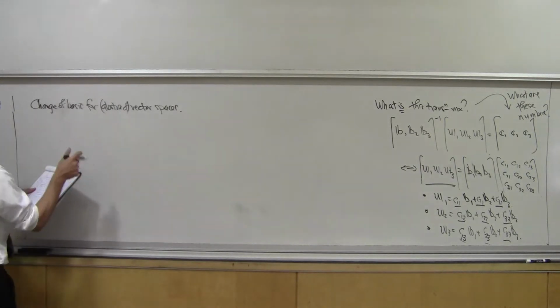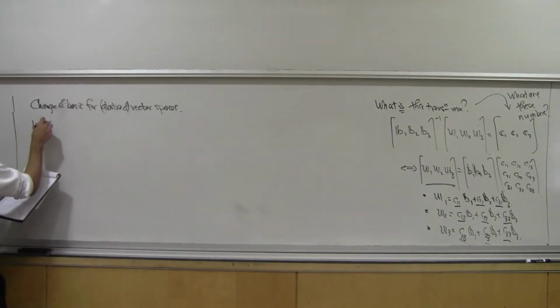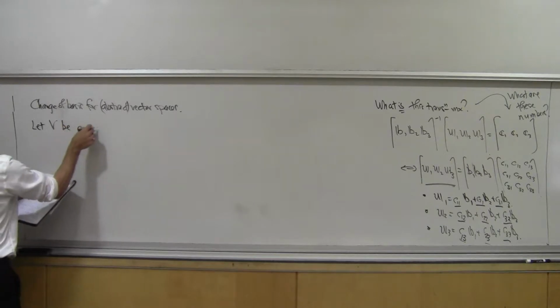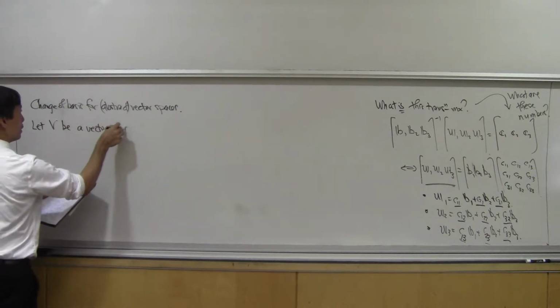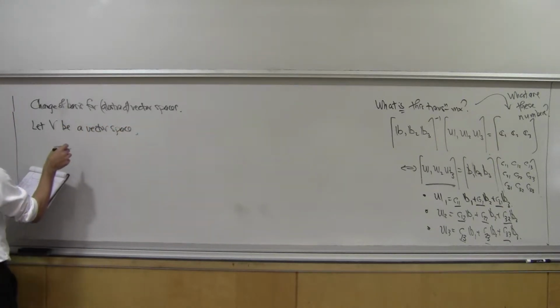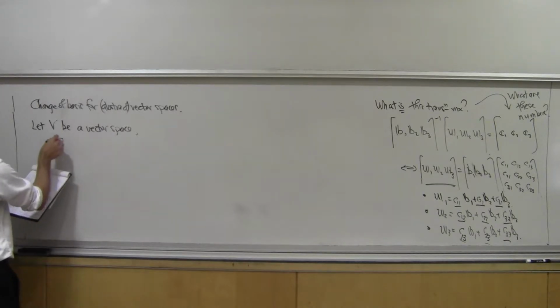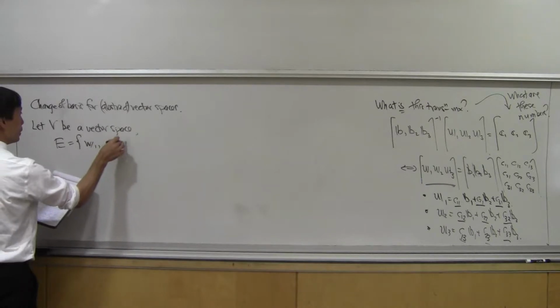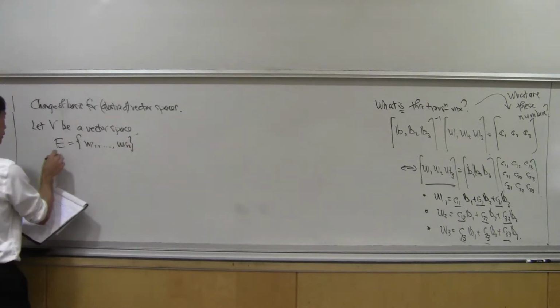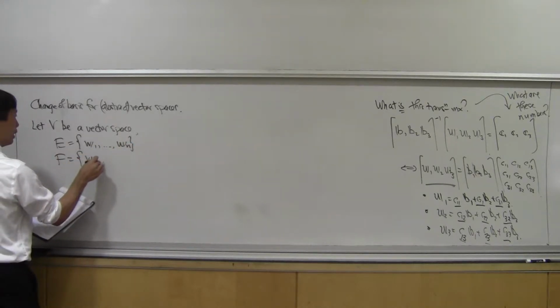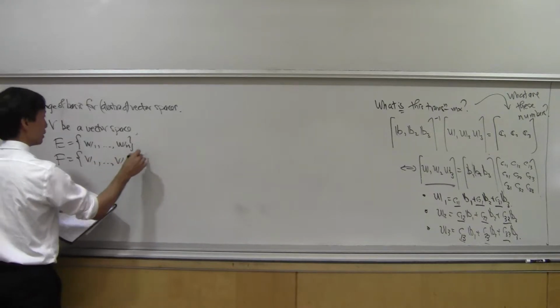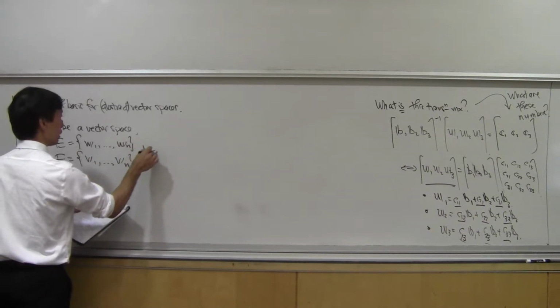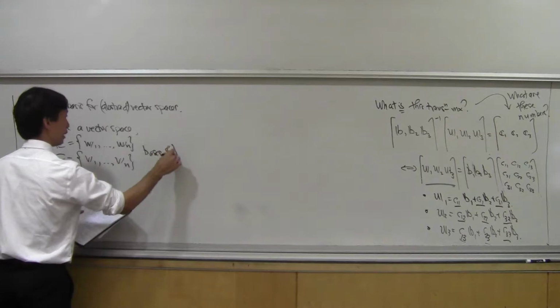Okay. So let V be a vector space. Let E be w1 through wn, and F be v1 through vn, both bases of V, excuse me.